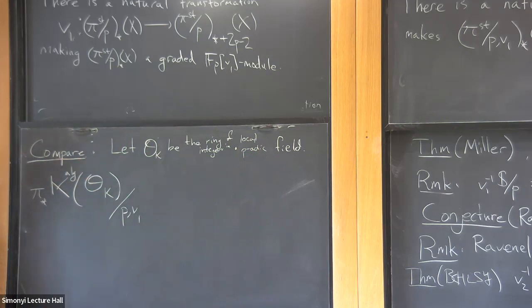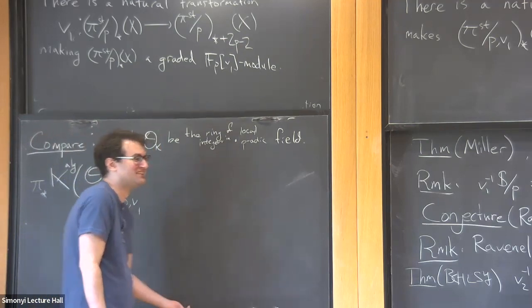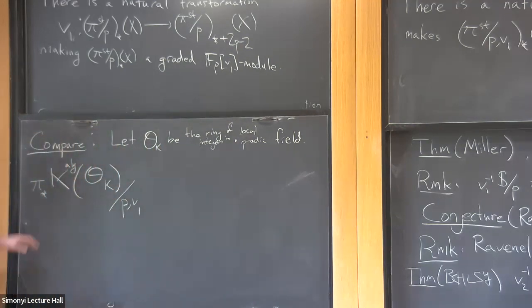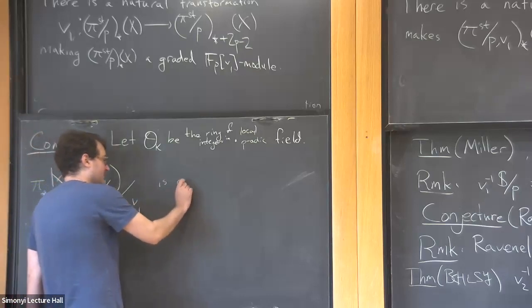Yes, the P is the same as the denominator, and I'm committing the dangerous act of moving into the realm of expertise of the audience. Okay. Can mod out by P and V1, and this is concentrated in finitely many degrees.